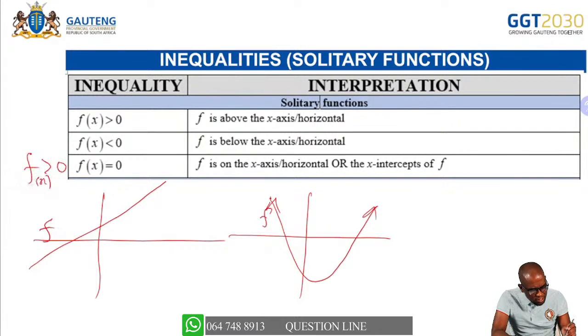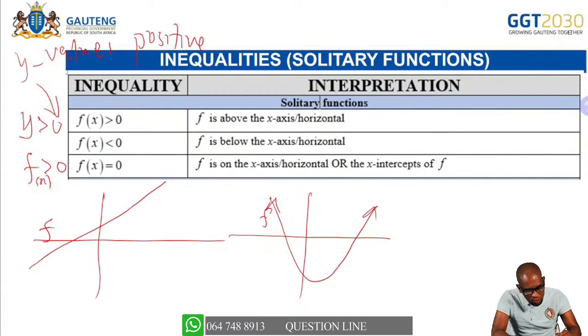That person is saying to you, where are the y values greater than 0? Where are the y values positive? So you are going to check on the function where the y values start being positive, and y values are positive above the x-axis.